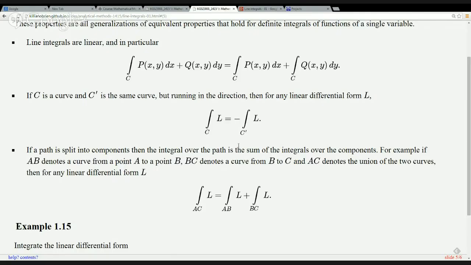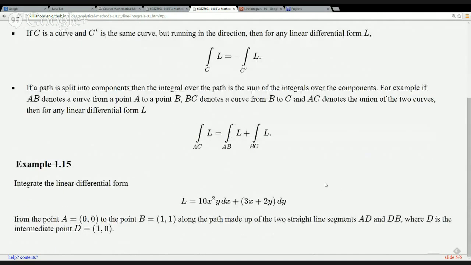Then, if there's some intermediate point B, we can think of first integrating from A to B, and then separately integrating from B to C, and adding the two integrals together. Okay? They give you the same thing as integrating in one step from A to C.